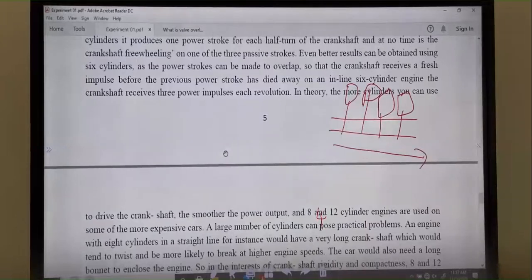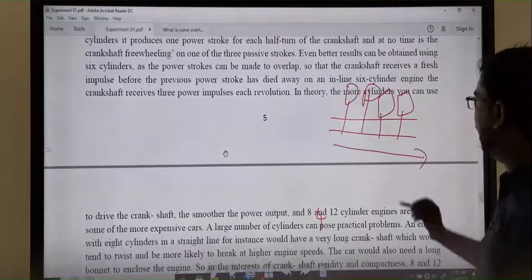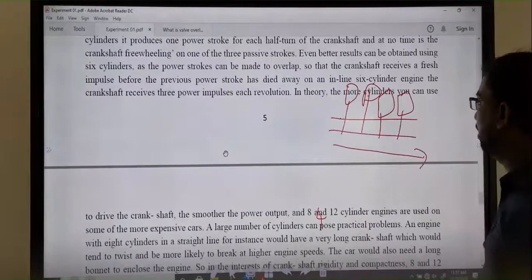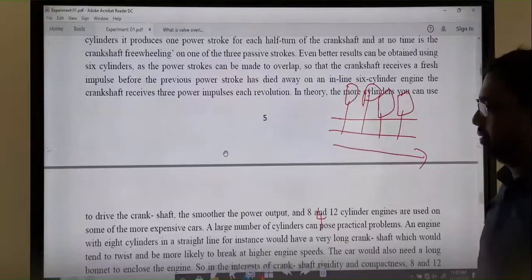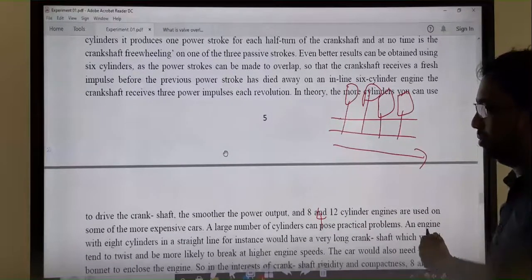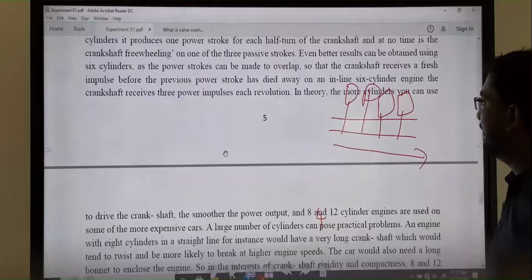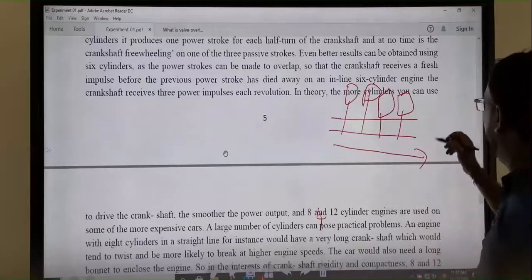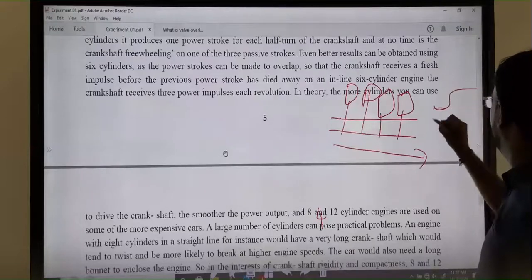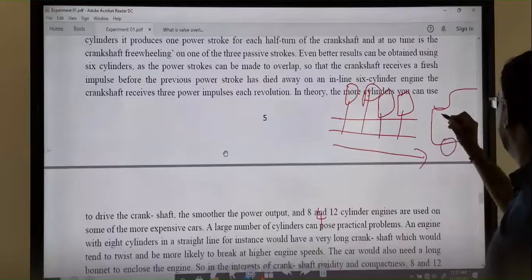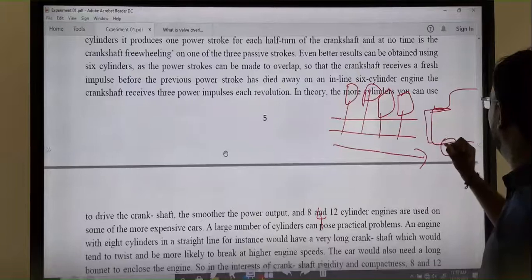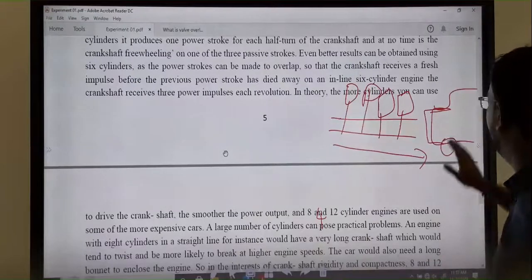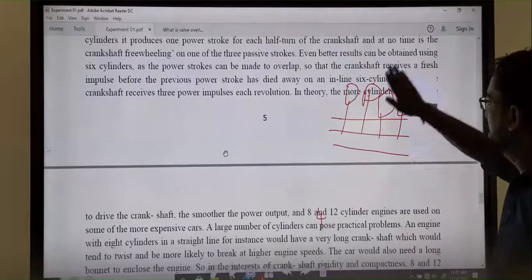But the difficulty is that sometimes this long crankshaft may twist or break because of the high length, and we need a very big bonnet on the car. This bonnet we need very big because of this long crankshaft.